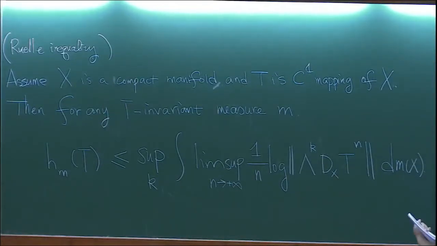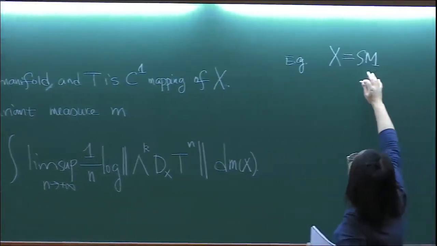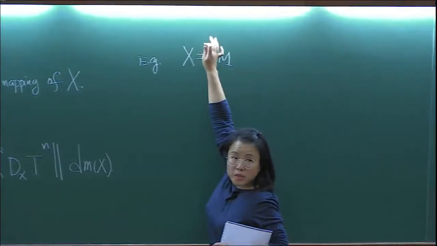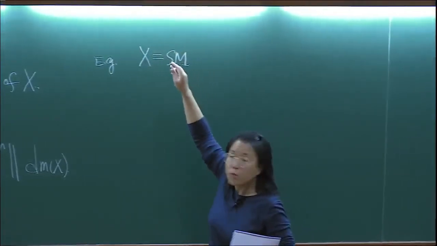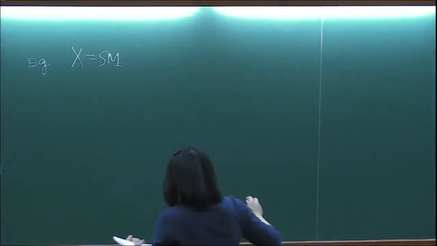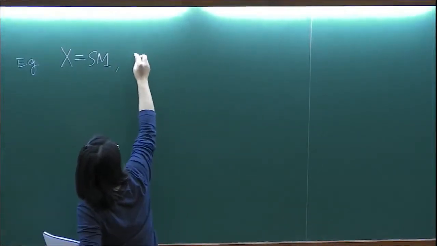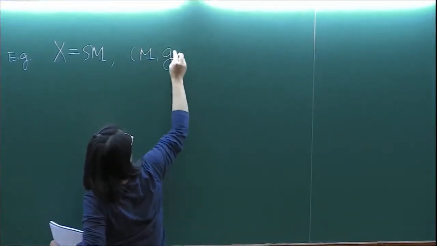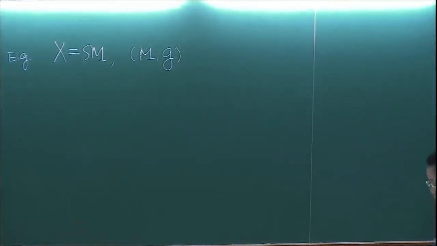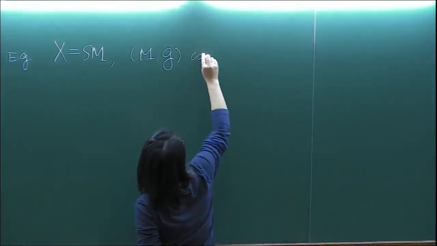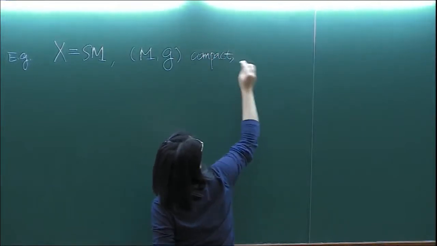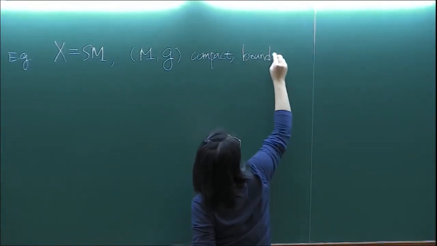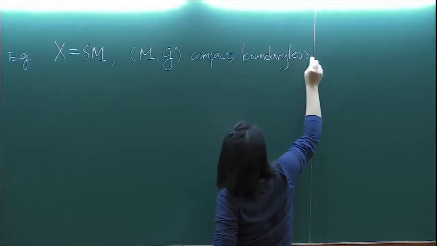You are correct. Good. And so what's the example is, we go back to yesterday. Okay. So we consider this X equals to SM. So we consider X equals to this one, and then again we consider this M is compact, boundaryless.